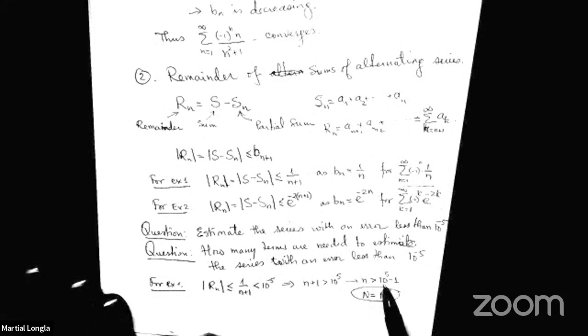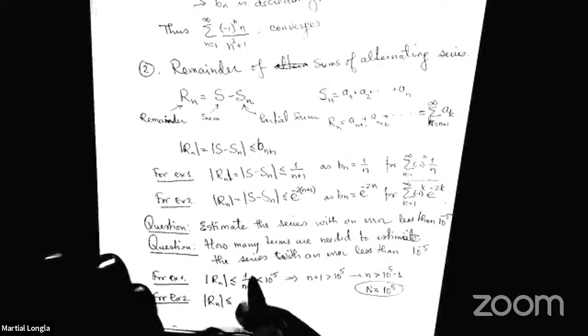Yeah, that makes sense, because we solve for n and we need the least value of n that satisfies that inequality, right? That's the thing. And this one being an integer, we need to find the integer that follows this. So we add 1 to it, and when we add 1, that's just 10 to the power 5.